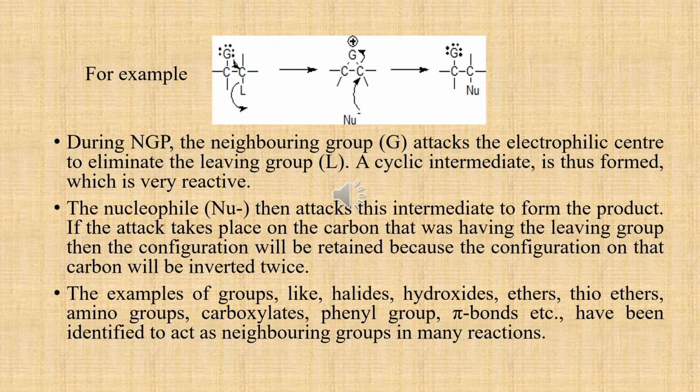Groups like halides, hydroxides, ethers, thioethers, amino groups, carboxylates, phenyl groups, pi bonds, etc. have been identified to act as neighboring groups in many reactions.